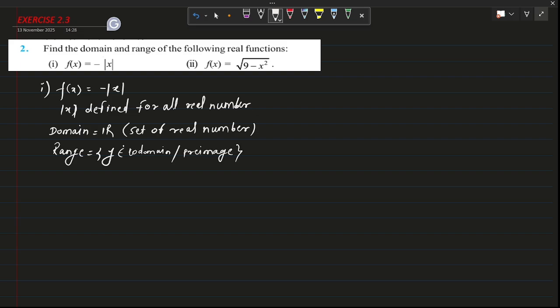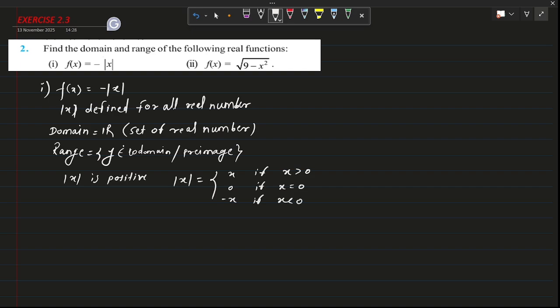So we can observe that mod x is always positive, with the definition that mod x equals x if x is greater than 0, 0 if x is equal to 0, and minus x if x is less than 0.